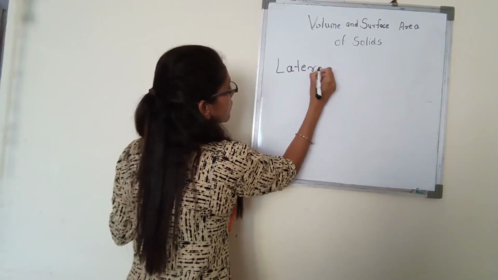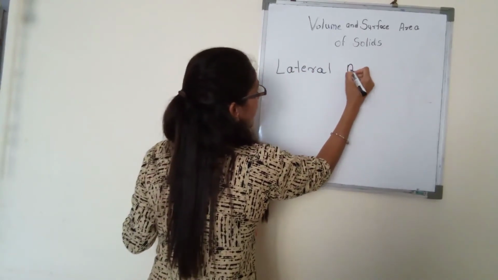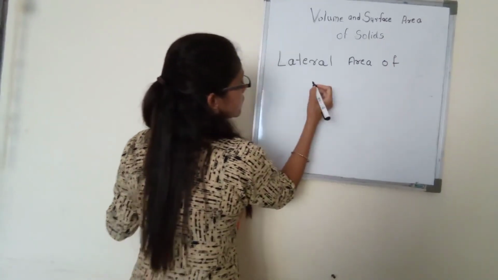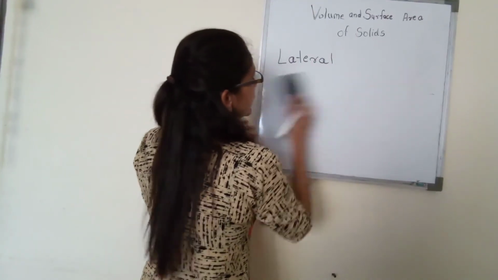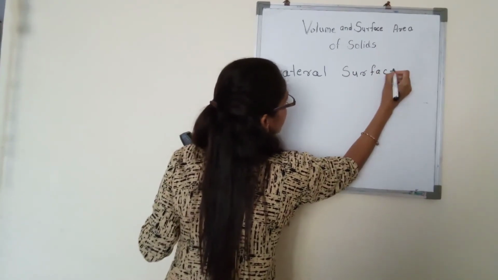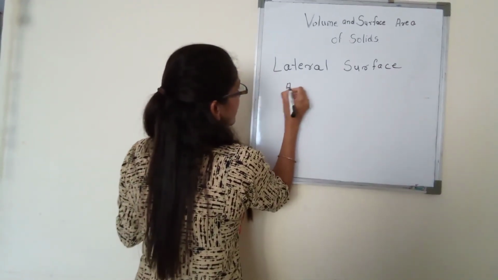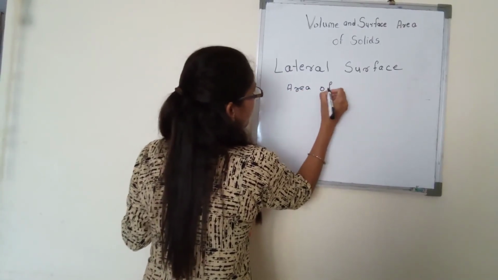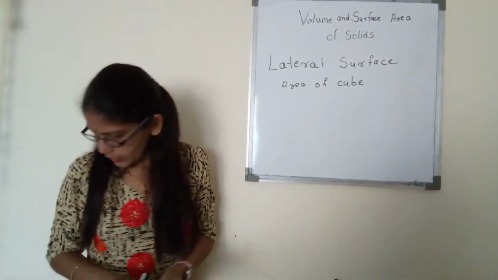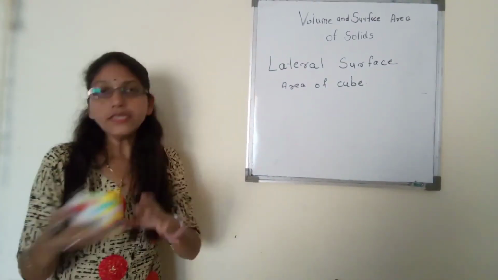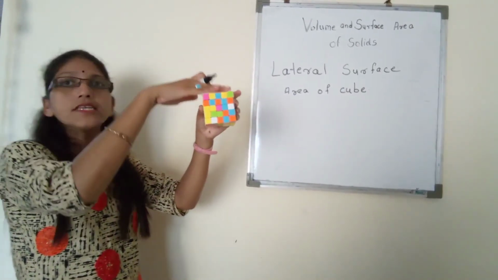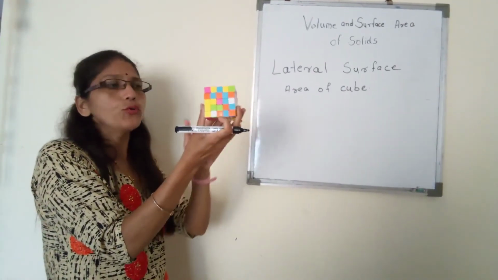Lateral surface area of cube. First, this is the cube and it is made up of 6 squares, as I told you before.